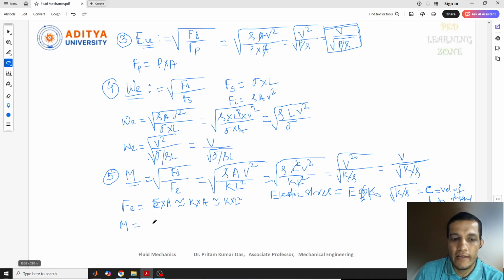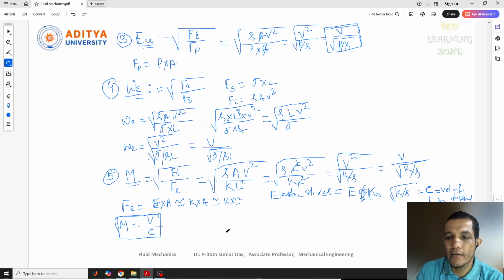So in the final part we can write M equal to V by C. Mostly everywhere you will see this is the formula for the Mach number: velocity of the fluid flow to the velocity of sound in the fluid. This is Mach number. By this we can calculate the different types of fluid flows.